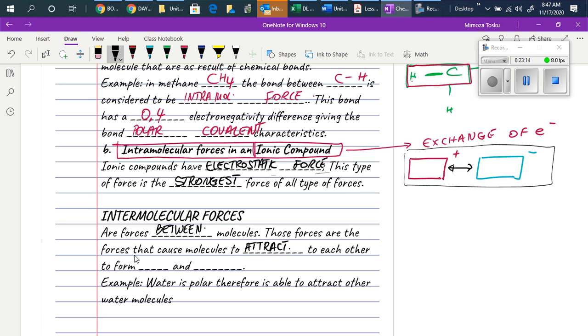And in this way, a solid or a liquid is formed. Solids or liquids are formed. Okay. Because what is happening is the molecules are connected together.